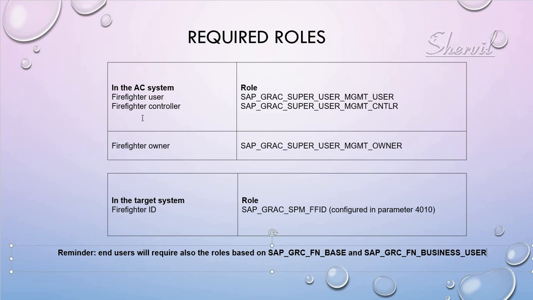Each of these 4 or 5 users, including your own, the GRC administrator's user, will need these two roles, GRCF_FN_BASE and GRCI_FN_BUSINESS_USER, and the NWBC role by default. So these are the required roles for these users.